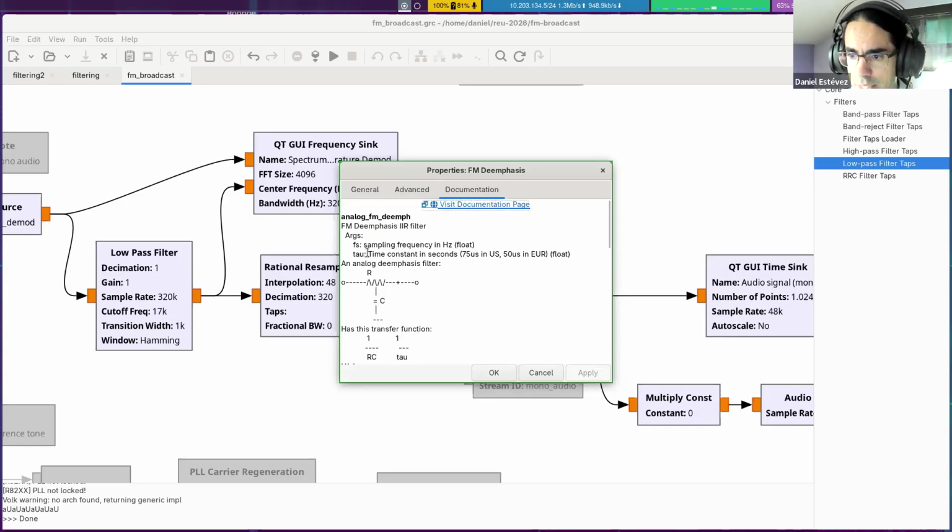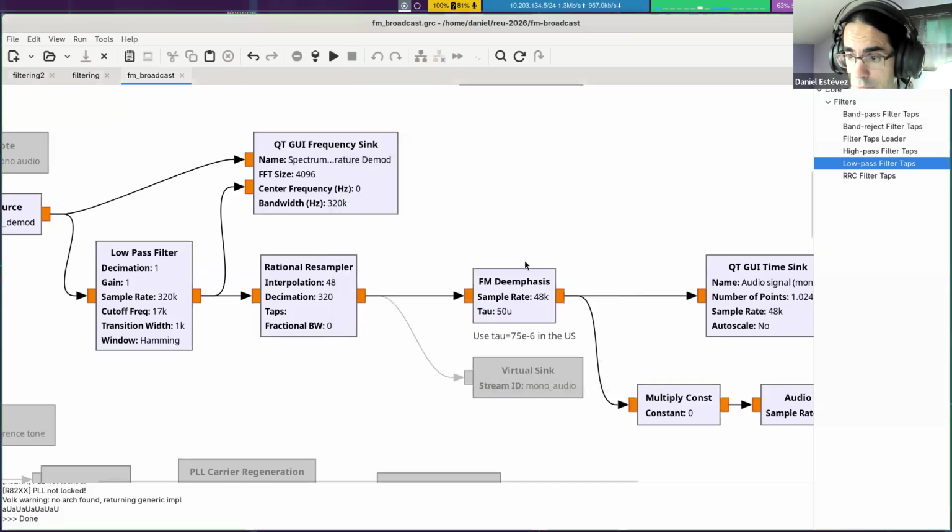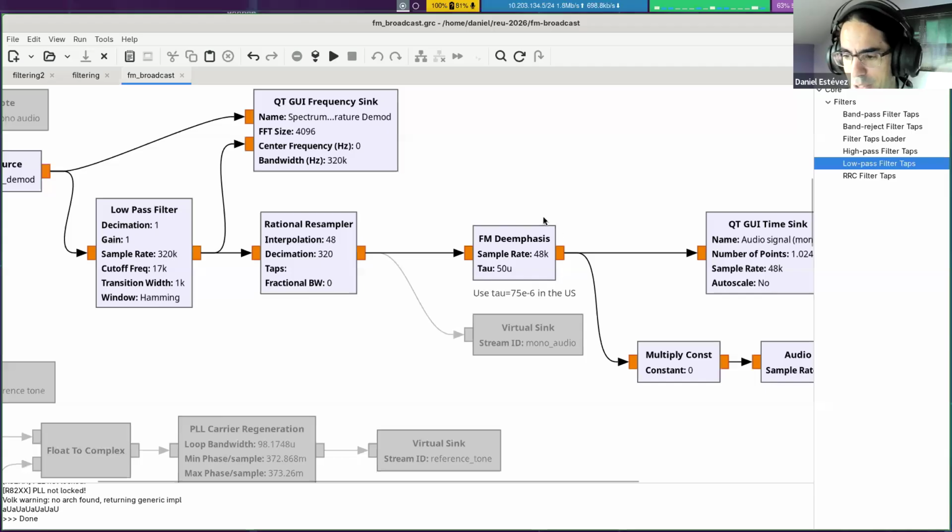Something you need to keep in mind is that there is a time constant in the filter, and it's slightly different in the United States and in Europe. I have this set for Europe because that's where I am and where the example recording and the station I'm showing are. For the United States, to be 100% correct, you need to set this to 75 microseconds. But it's probably difficult to be able to hear the difference.